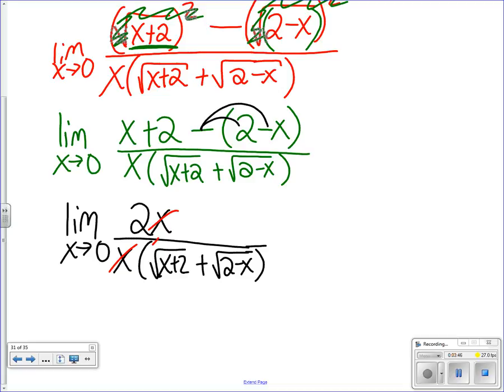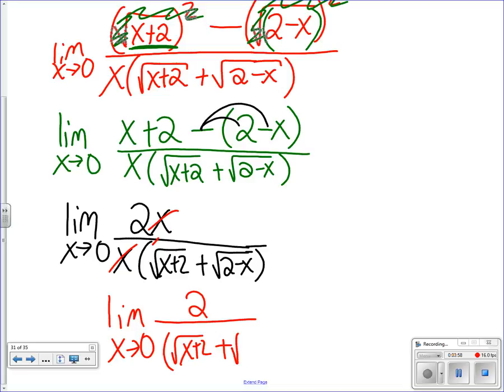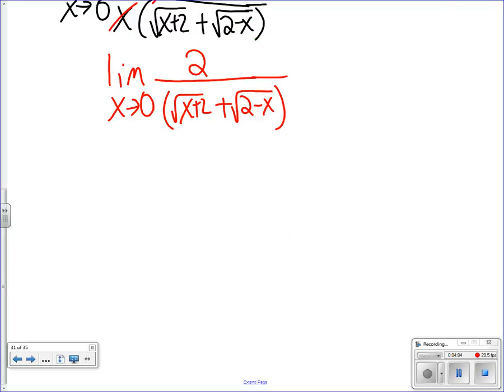So we have the limit as x approaches 0 of 2 on top all over the square root of x plus 2 plus the square root of 2 minus x. Now if we try that direct evaluation, let's see what we end up with.